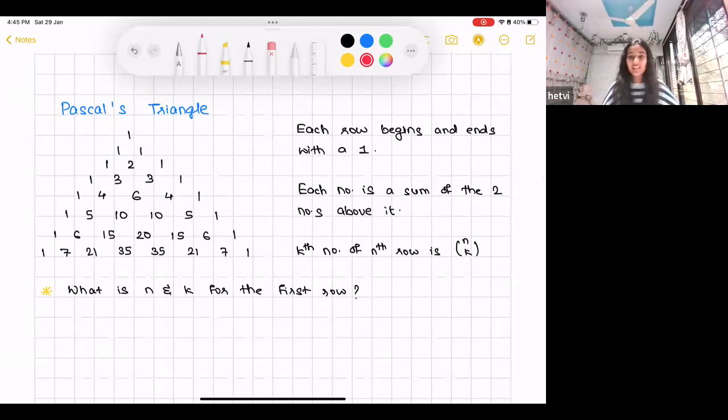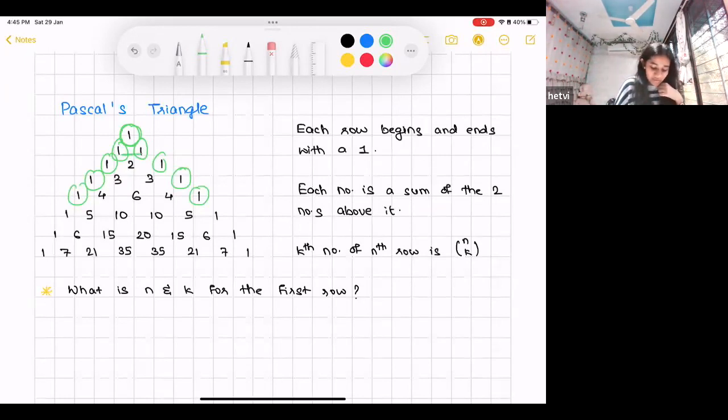Okay, so Pascal's triangle is actually a very fun thing to create. What we do is we start off with a single 1, and then in each row we add 1 to the start and to the end. We begin and end with a 1, and all the numbers in between are the addition of the above 2 numbers.